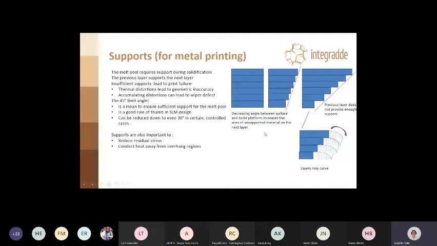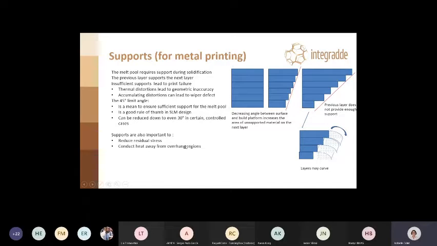It has been demonstrated that 45 degrees is the limit angle under which supporting structures are needed. It is a means to ensure sufficient support for the melt pool, and it's a good rule of thumb in SLM design. In some specific conditions, we can reduce this angle to 30 degrees.